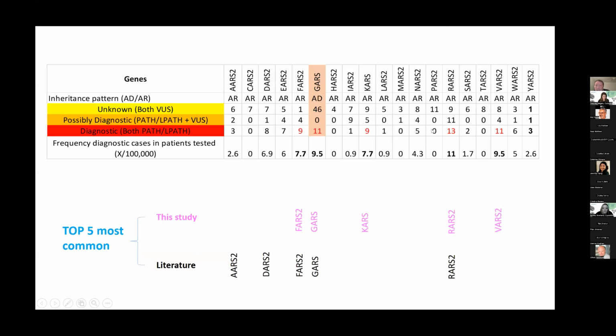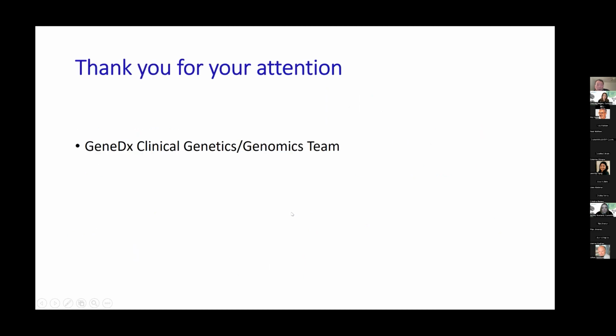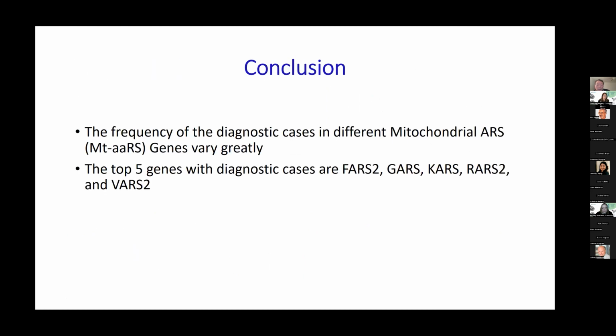For example, PARS2, we do not have any positive. And TARS2, we do not have any positive. Four genes do not have any diagnostic yield. So the top 5 are the five genes I mentioned. Thank you for your attention.